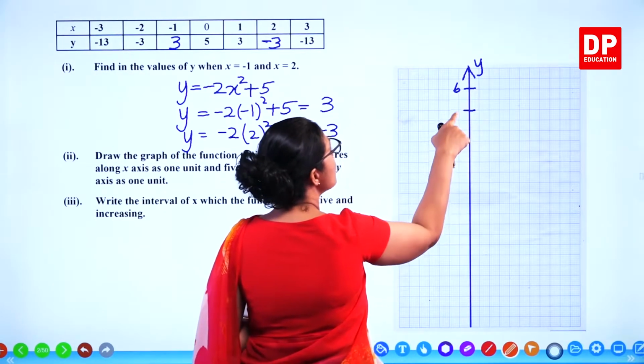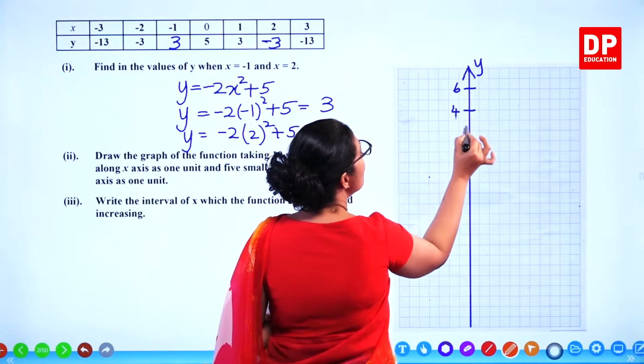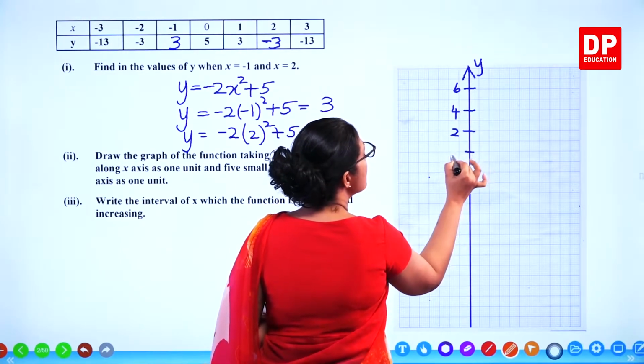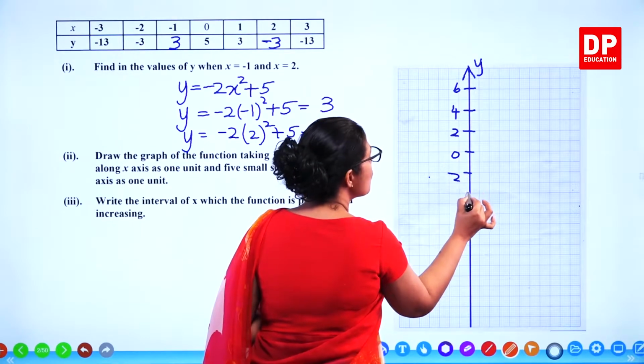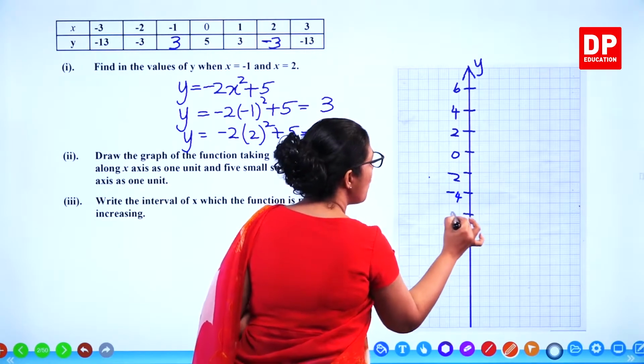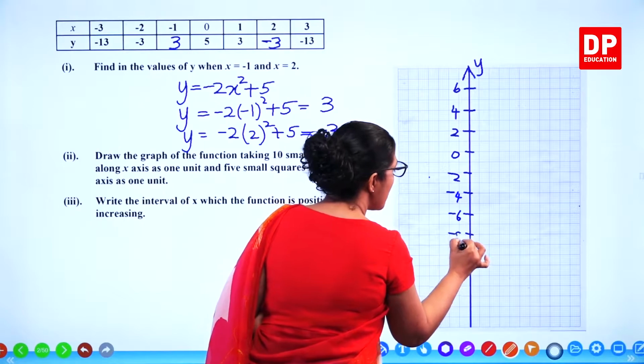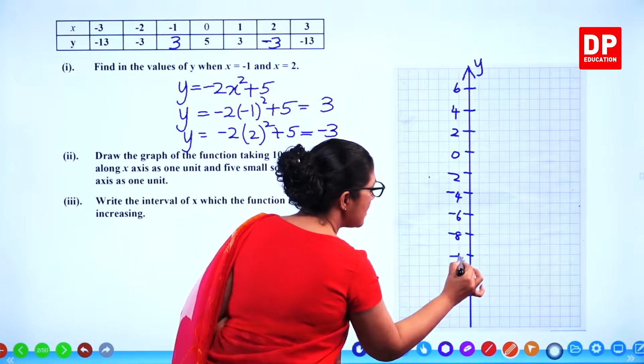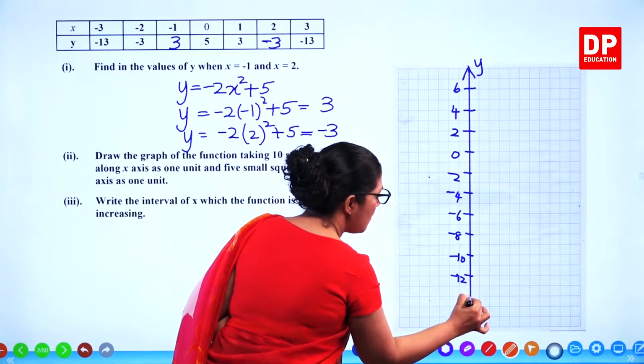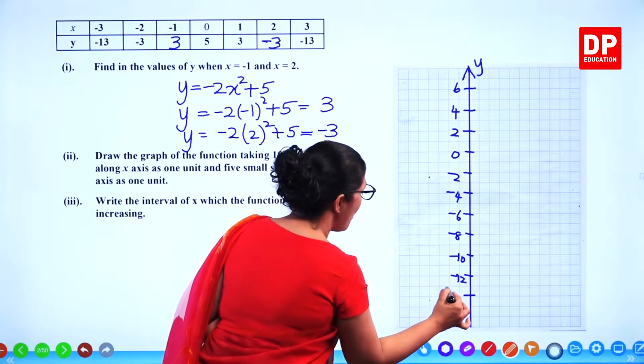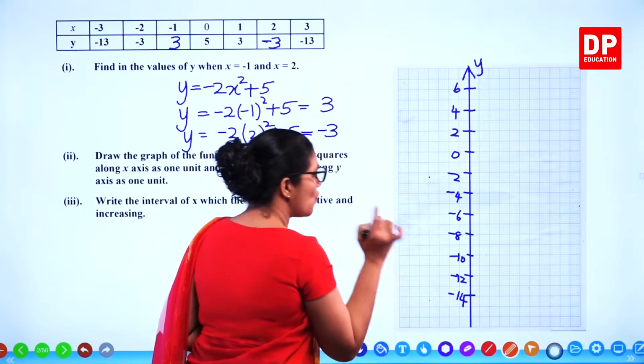Then 10 squares means 2 units: 4, 2, 0, minus 2, minus 4, minus 6, minus 8, minus 10, minus 12, and I need up to minus 13, so minus 14.